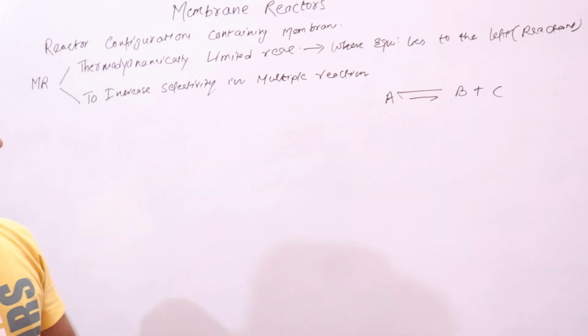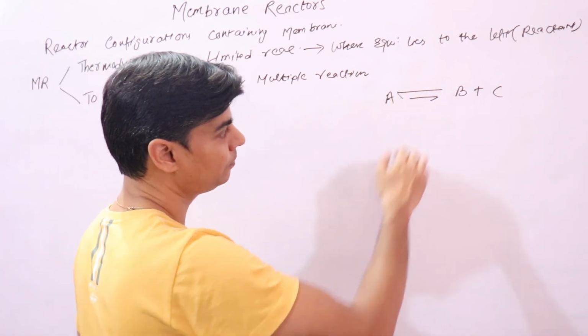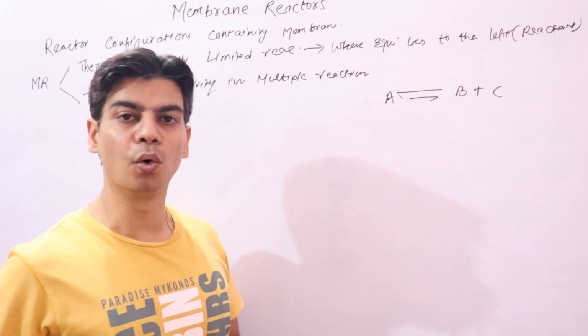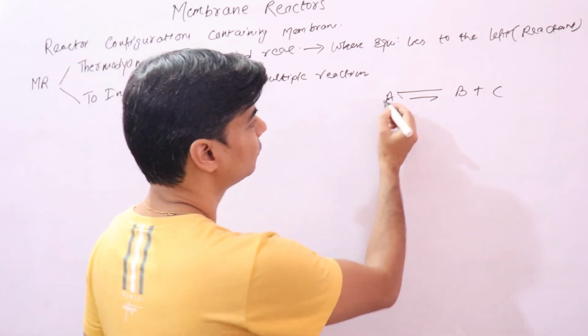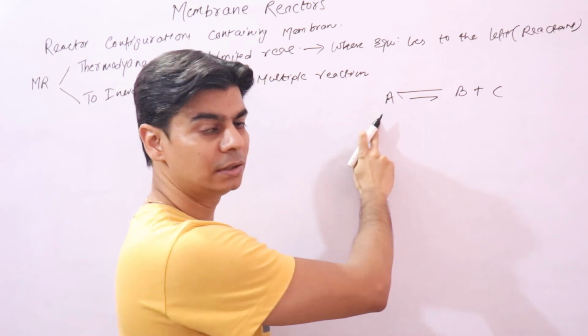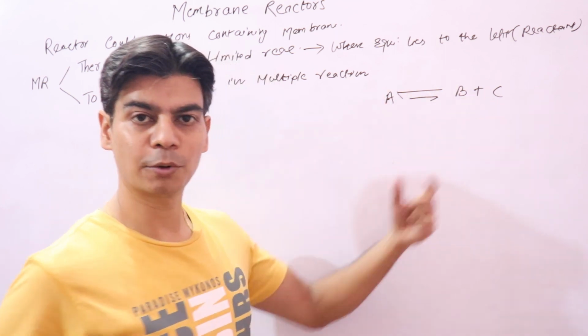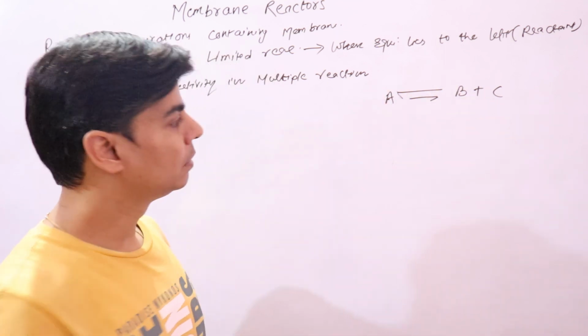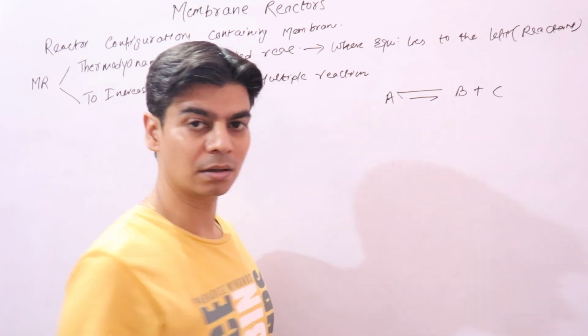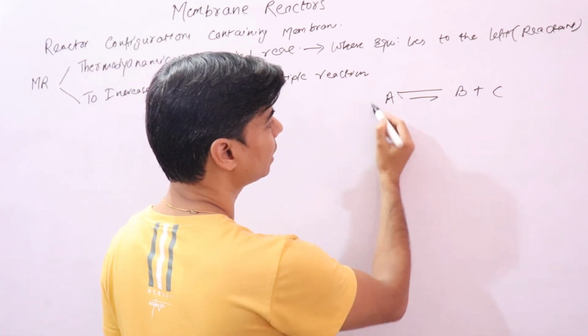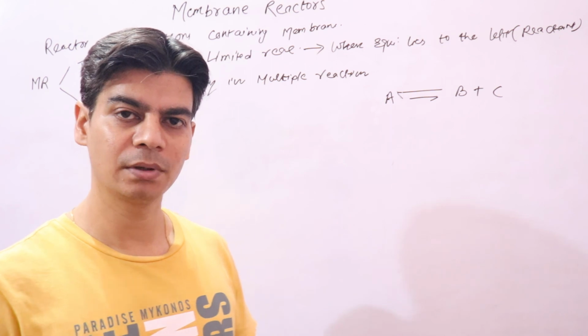That means in this reaction the conversion is low. That means the conversion of reactant A into product B is low. Why? Because B and C are reacting and they are giving you back this reactant.